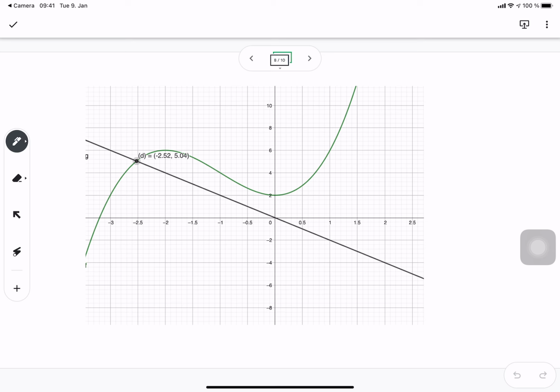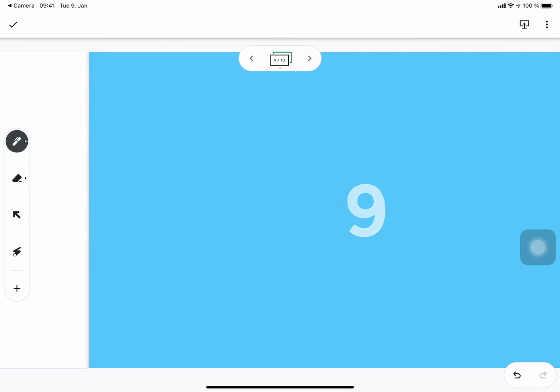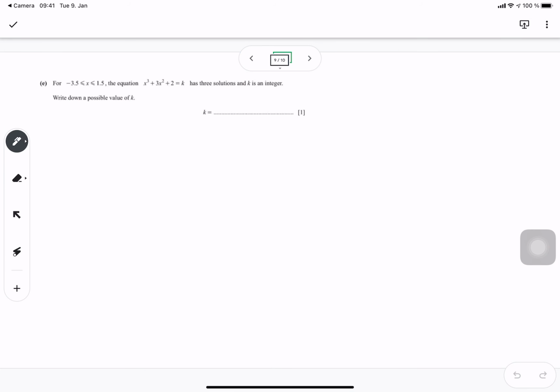Okay, there it is again. That's y is equal to minus 2x. And this is our original function, the cubic, which was mentioned at the start of this question. So we've got a line which all we know is y equals k, and that k must be an integer. Now if it has 3 solutions, that means there's 3 intersections.